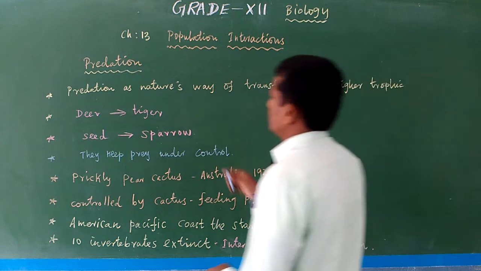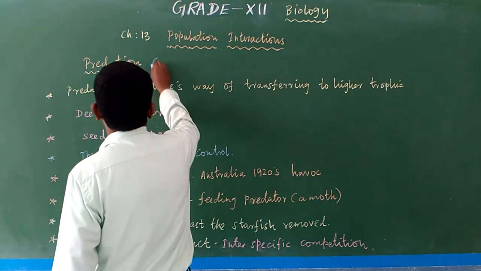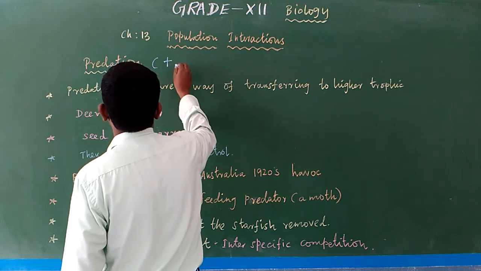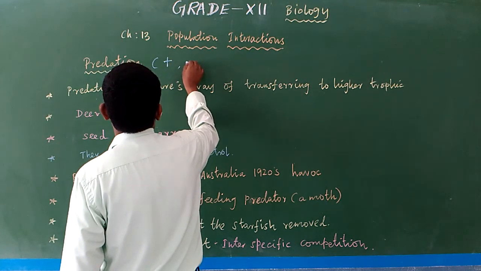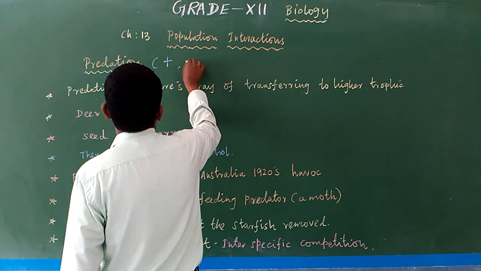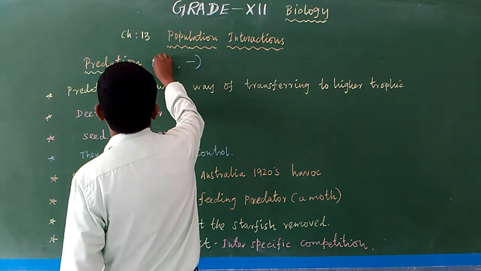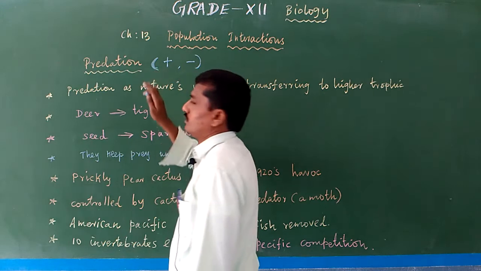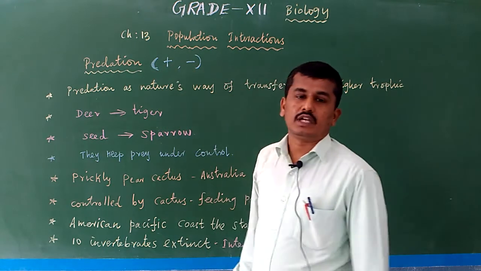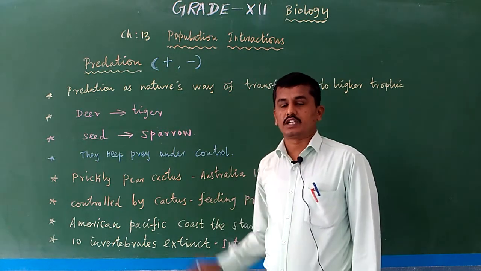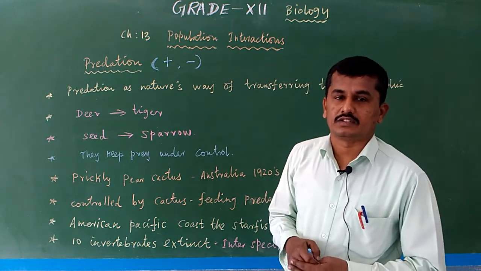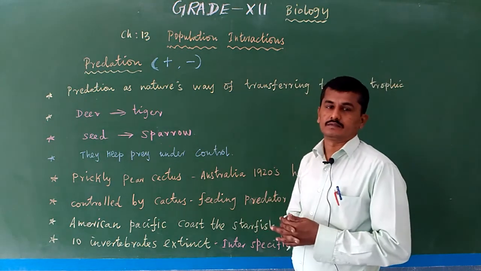For example, in predation, one organism, the predator, gets benefited, and the other organism, the prey, gets a detrimental interaction. So when one organism gets benefited and another gets a negative interaction, that type of population interaction is said to be predation.